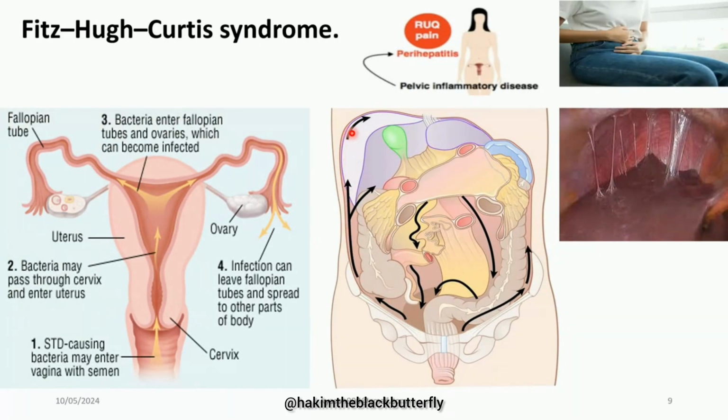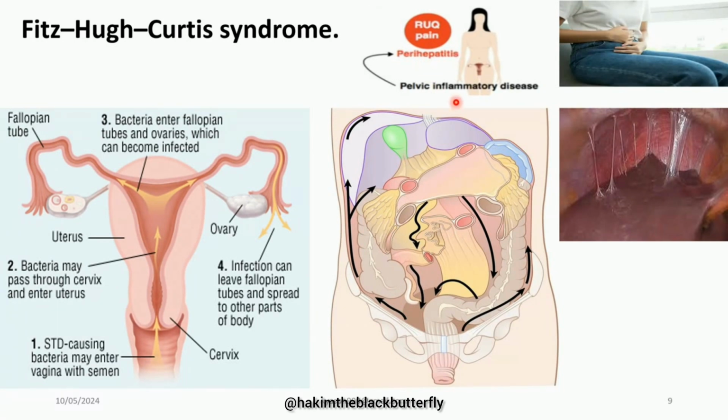And once it reaches the liver, it will cause formation of adhesions within the capsule, or the outer covering of the liver, resulting in what we call perihepatitis. The liver is inflamed, but on the outer aspect.